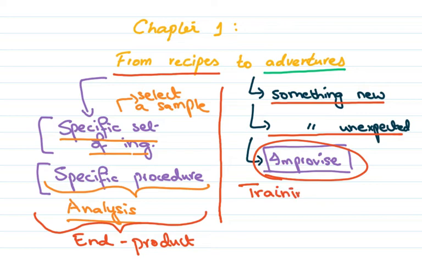If you're cooking something and you have specific instructions on how to go about it, then it's a lot easier than if you need to improvise and use your own creativity. Hence, in qualitative research, training is very, very essential.